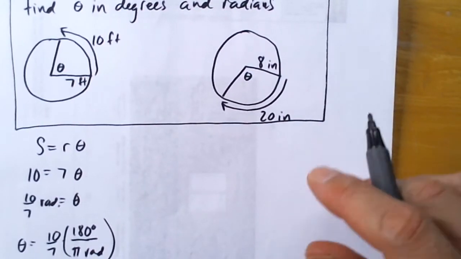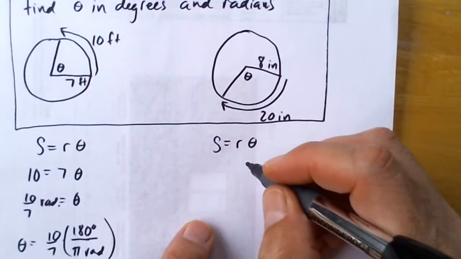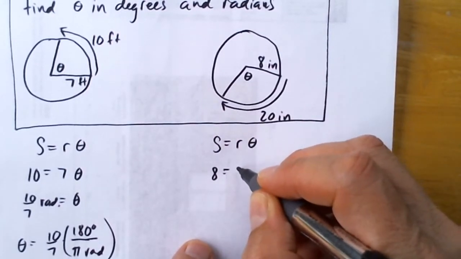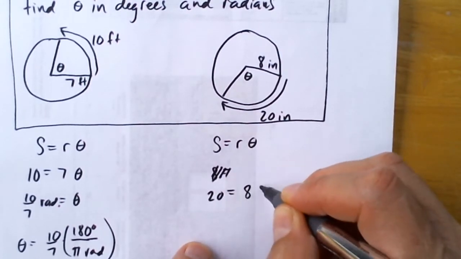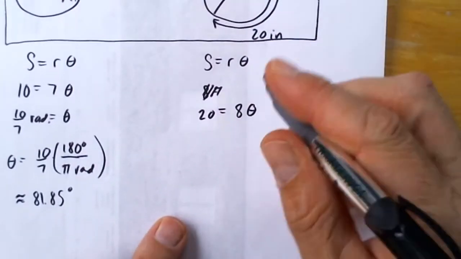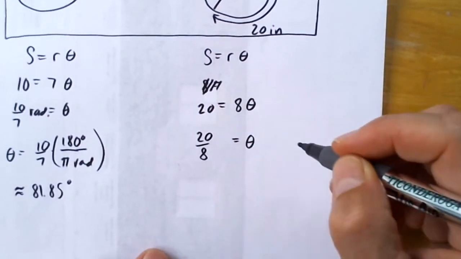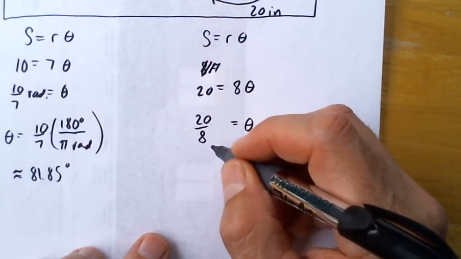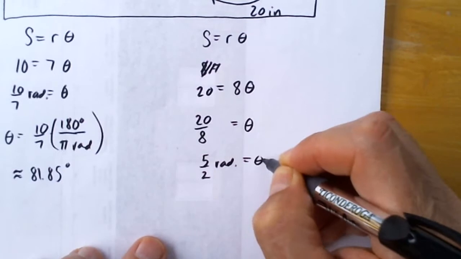All right, pause and try that one. 20 over 8 radians, or reduced by 4, and we get 5 over 2 radians.